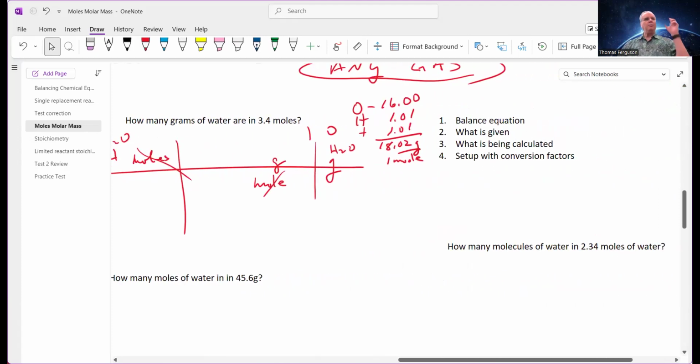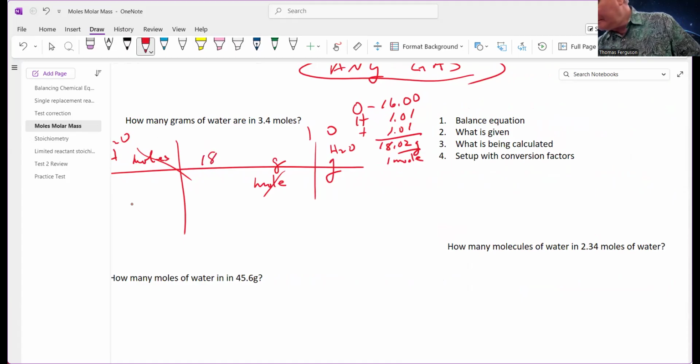That means a molar mass for water, H2O, we have to add up 2 H's and 1 O. So that's 18.02 grams per mole. Okay, that makes sense? So this is just like unit 1, only we're using chemistry stuff.